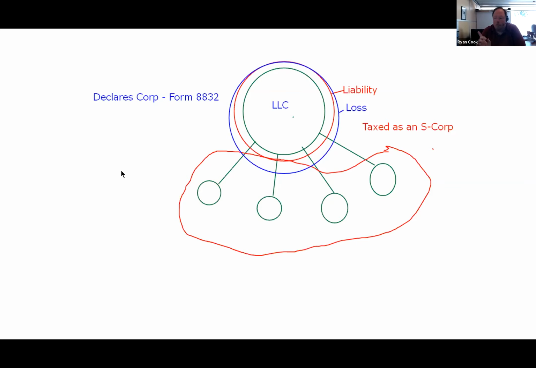In this case, it's just the corporation that's liable. So none of the members of the LLC are personally liable for its debts, but it's treated like a partnership for tax purposes.